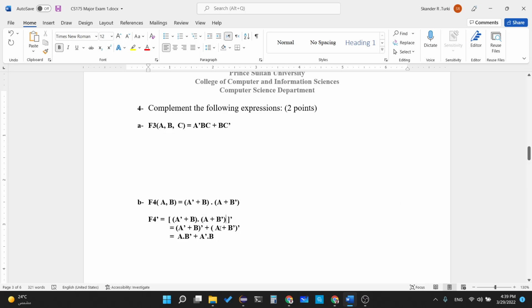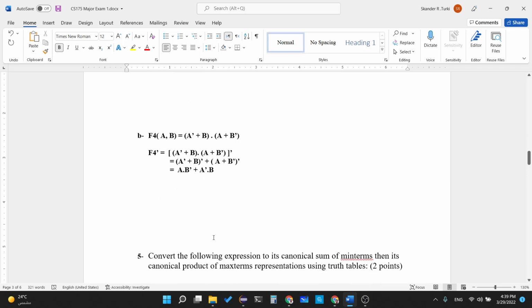Sometimes if there is a simplification, we need to see how you did the simplification. But for the complement, usually we don't have simplifications. The answer is yes, you can.